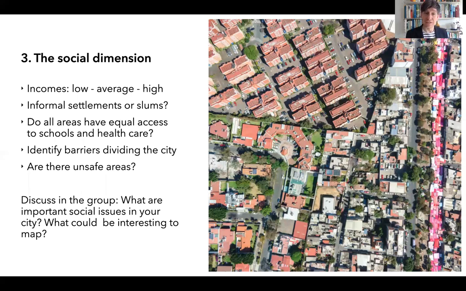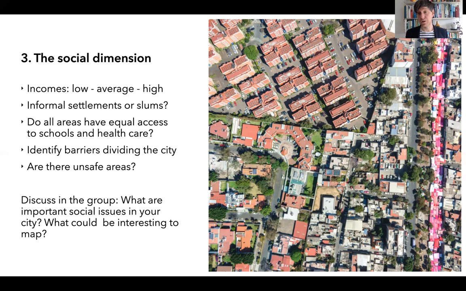Number three is the social dimension. So it's about incomes. If you know this more or less, maybe you don't have the data, but it's not so important. What are the low income areas? What are the average income areas? And what are the high income areas of your city? Do you have informal settlements or slums that you could mark on the map? Do all areas, for example, have equal access to schools and healthcare?